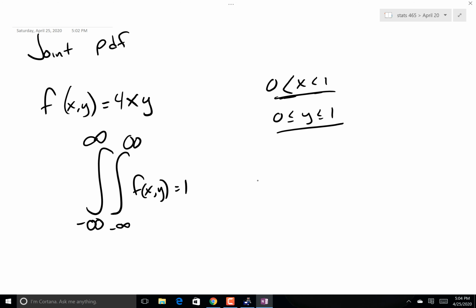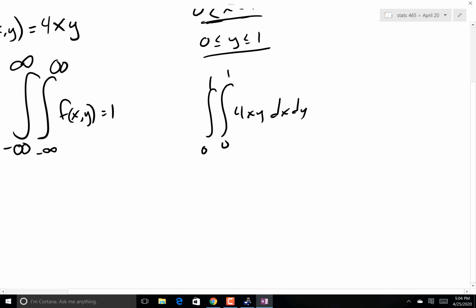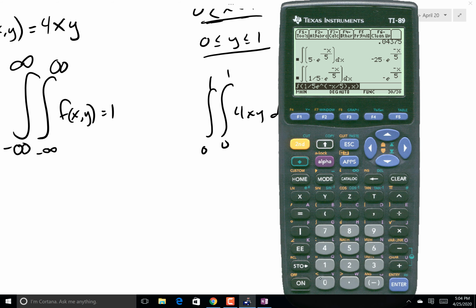And so functionally speaking, what we have is the integral of 4xy dx dy from 0 to 1 and 0 to 1. If it's been a while for you, please by all means use the calculator. So 4x, don't forget to times y like that, comma x, comma 0, comma 1, comma y, comma 0, comma 1.